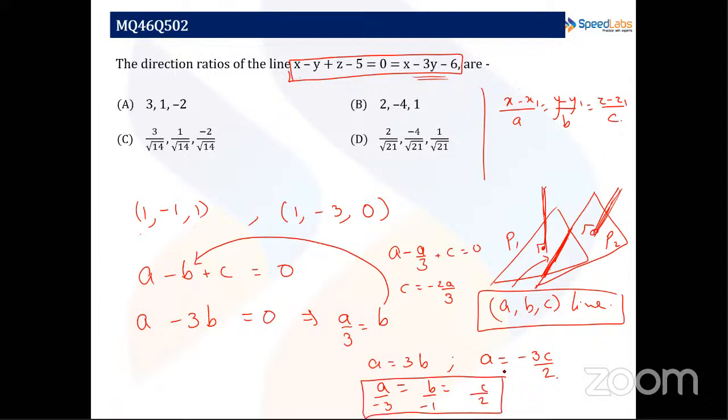So the direction ratios which we will get will be minus 3, minus 1, 2, or 3, 1, minus 2. So our option A is correct, and this is also correct because the direction ratios are in the same proportion. So you can multiply or divide by any value, you will get the same direction ratios.